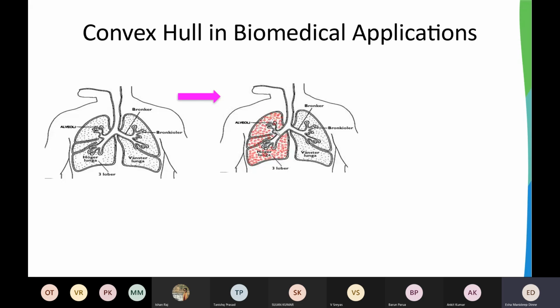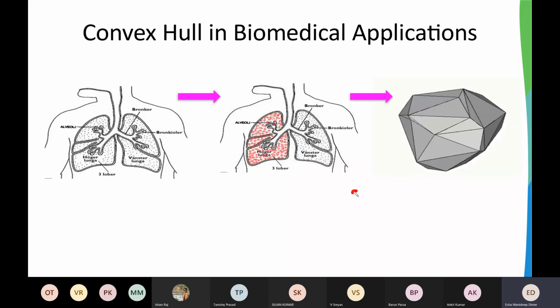They'll be releasing some radiation, and from that you can capture the positions of molecules. So ultimately you'll have some points inside the lung.